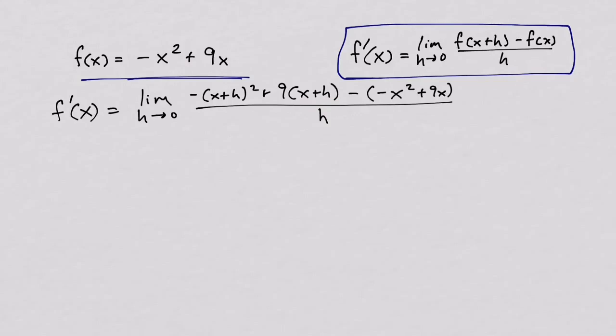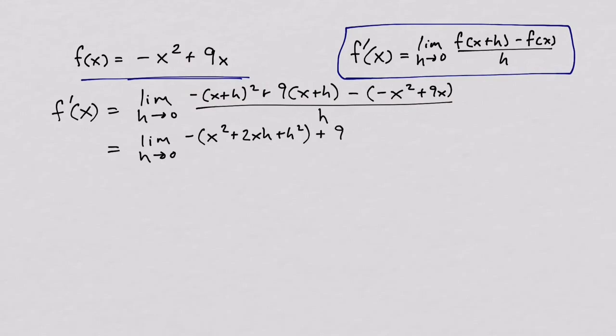The goal of the problem is to demonstrate that process. So now I haven't taken the limit yet, so I'm going to continue to have the limit as h goes to 0 as part of my problem. And I can work on expanding the numerator. Negative (x plus h) squared is negative x squared minus 2xh minus h squared.